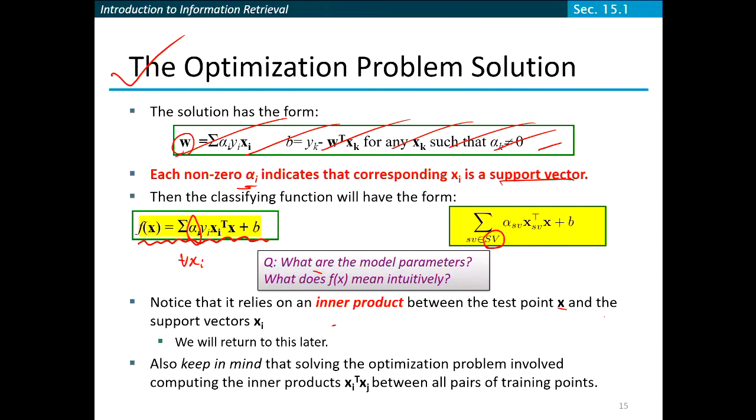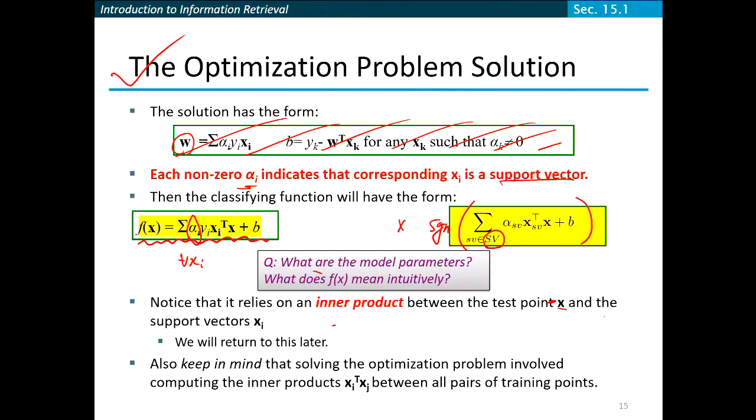So this f(x) is the decision boundary. Given a new x, I want to know the value. And actually, this is the function margin. If you really want to predict for x, it's just the sign of this function.